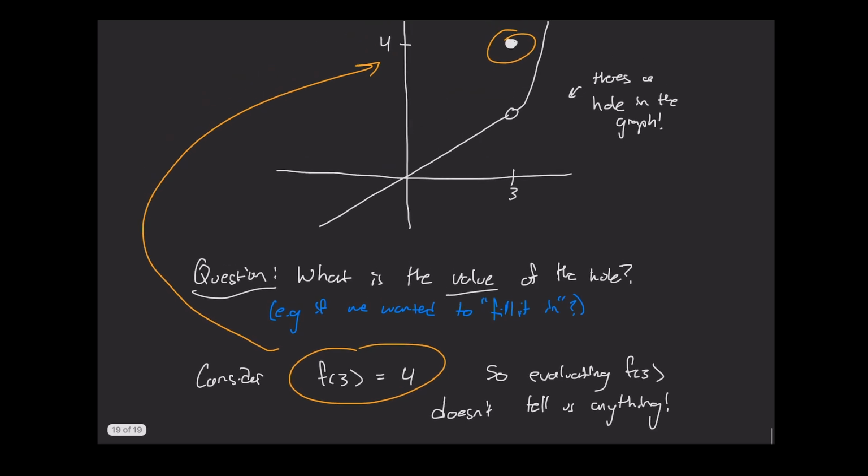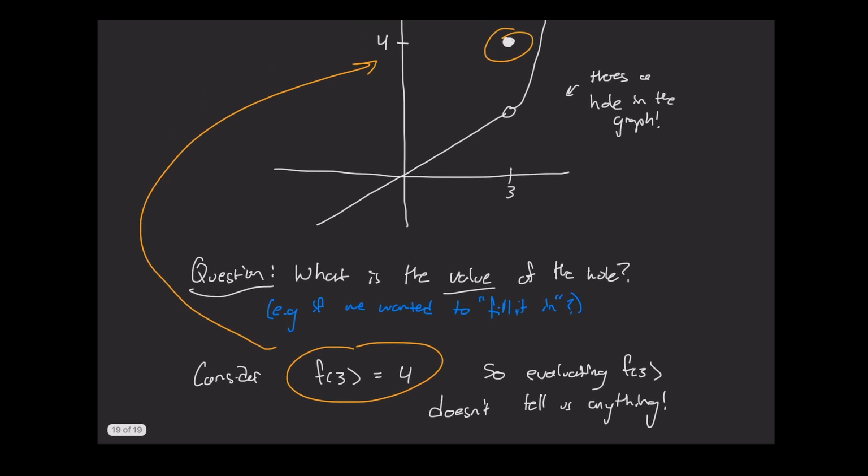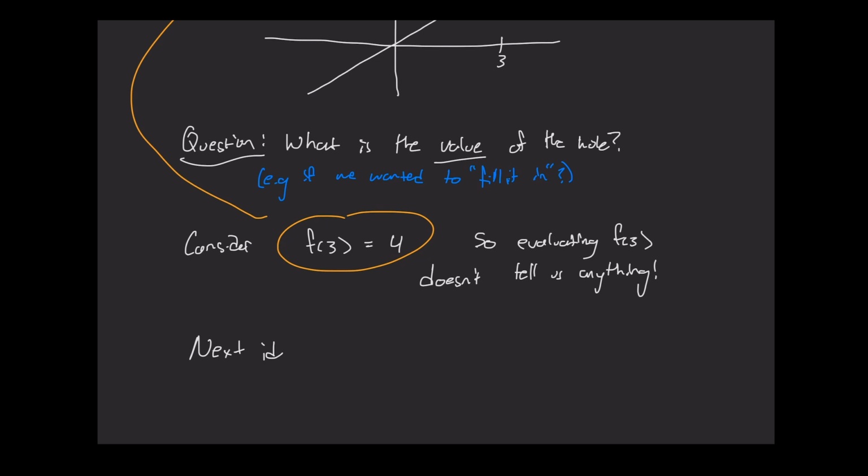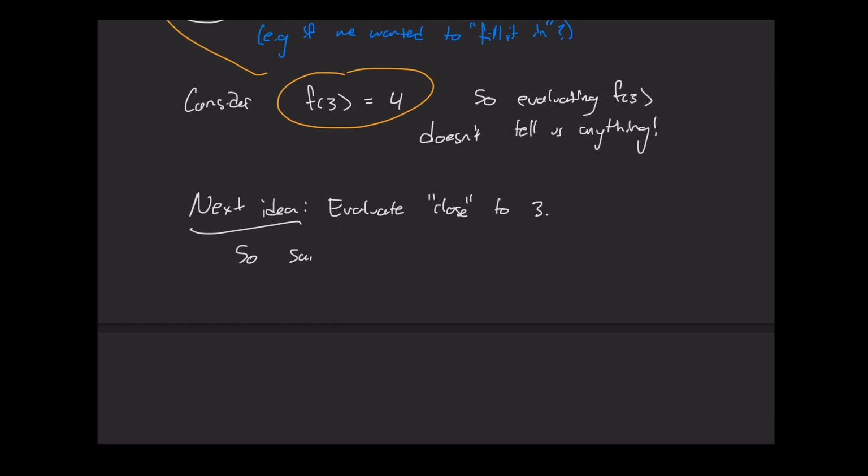So let's reflect for a moment on what we should do here. It's not so obvious. Okay, so maybe you've had the idea now to evaluate f close to x equals 3, but not at 3.